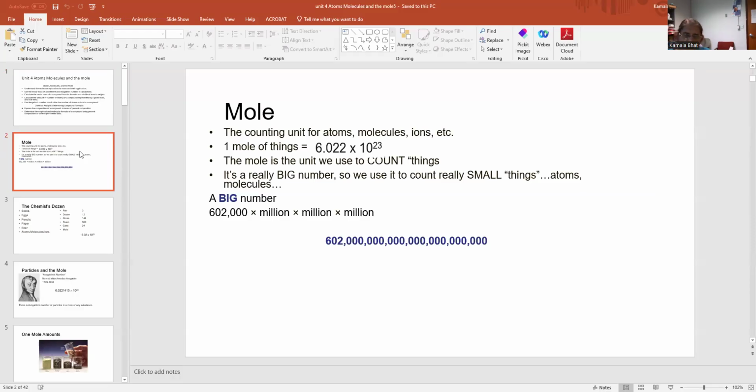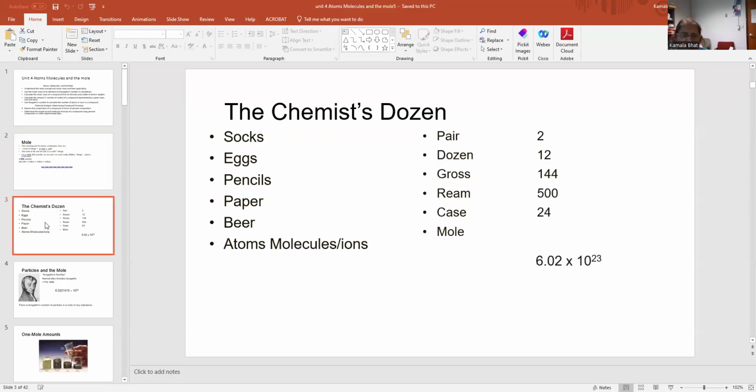This is a very, very large number when you compare to other units that you have studied. For example, eggs is sold by a dozen. Paper is sold by a ream, which contains 500 sheets. But atoms, molecules, and ions are talked about in terms of mole, which represents 6.022 times 10 raised to 23.